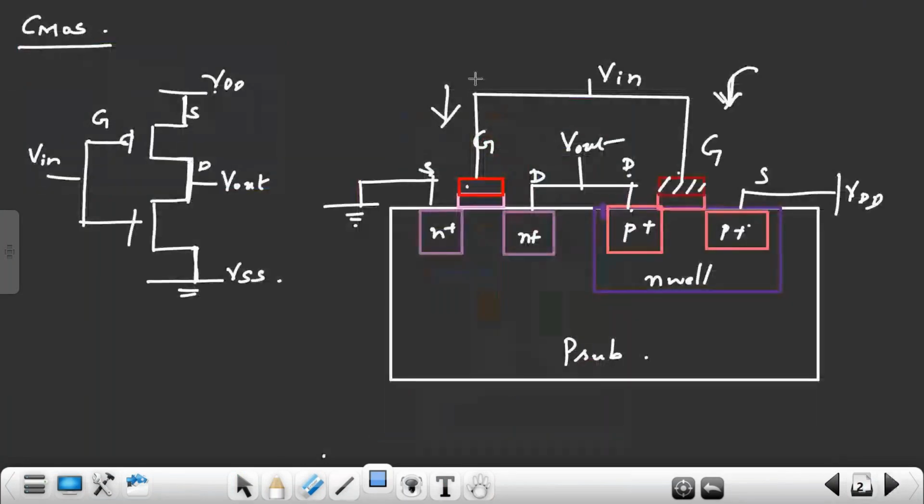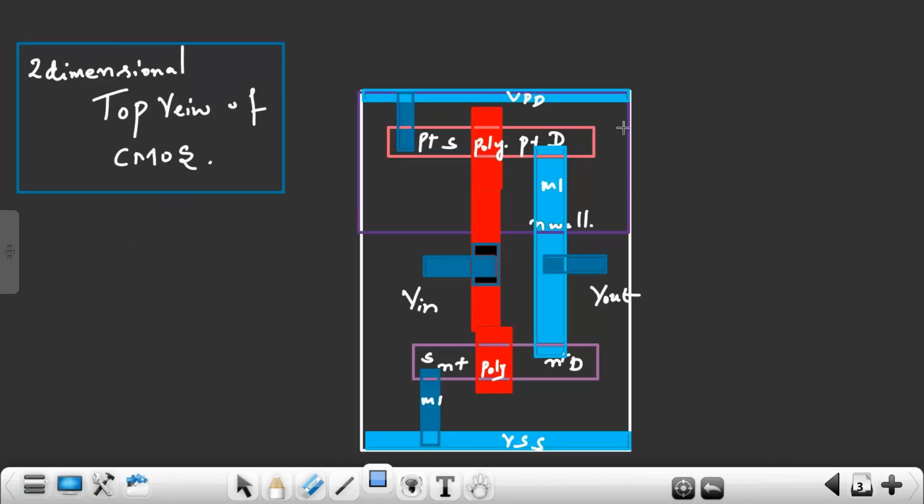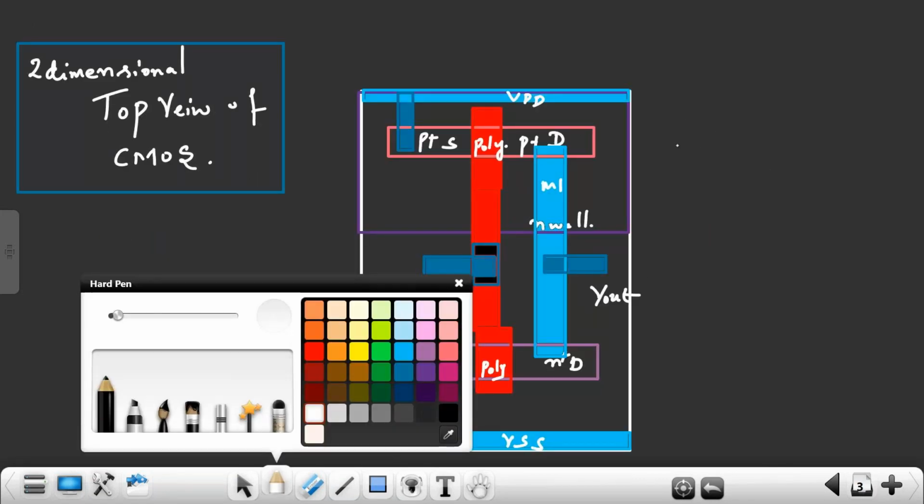If you see the MOSFET from the top view, whatever is visible, polysilicon is visible, source and drain is visible. Here also source and drain is visible, N-well is visible here, and P substrate is visible. So that structure is called as layout. It is layout of CMOS.